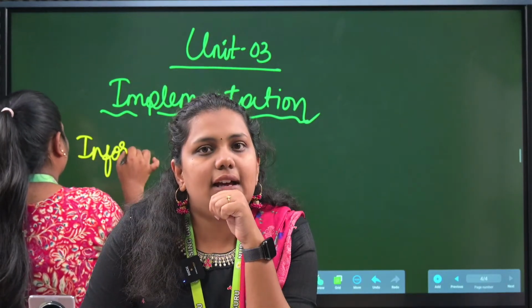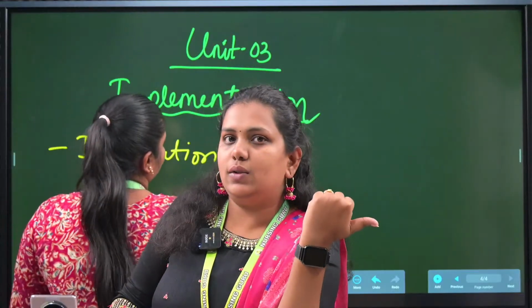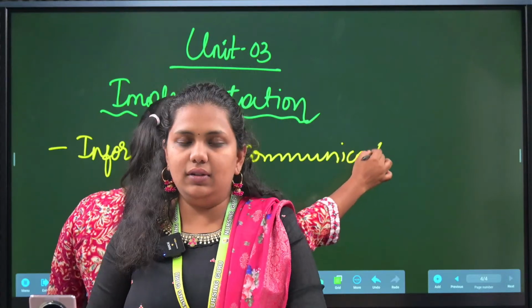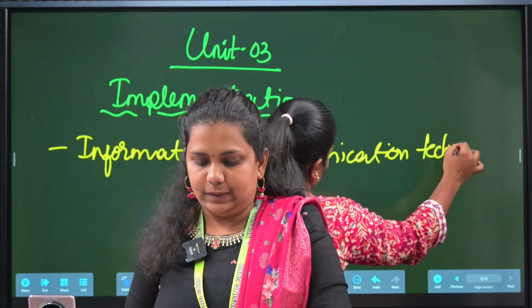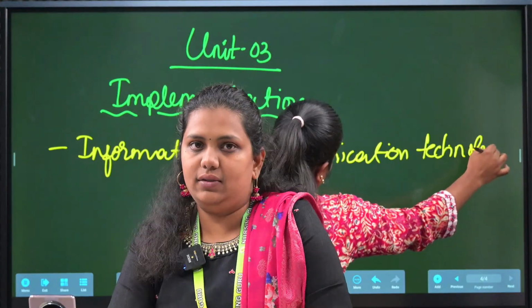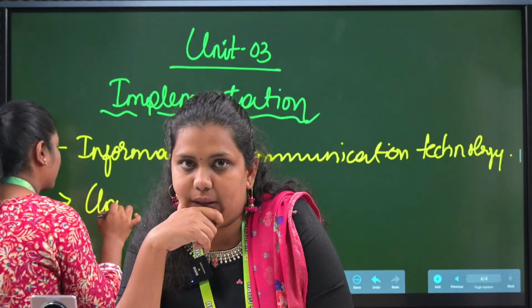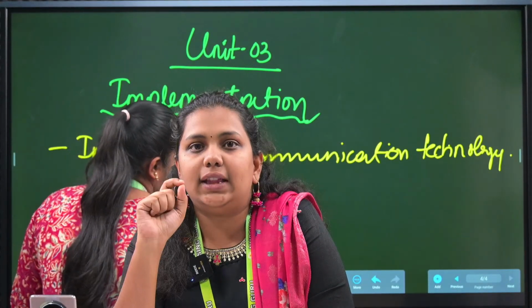Then classroom learning or classroom communication. It's a communication between the teacher and student. That is also you should study, the principles and barriers of classroom learning or classroom communication. Next, in this we can expect 15 marks or 5 marks questions, which is methods of teaching.